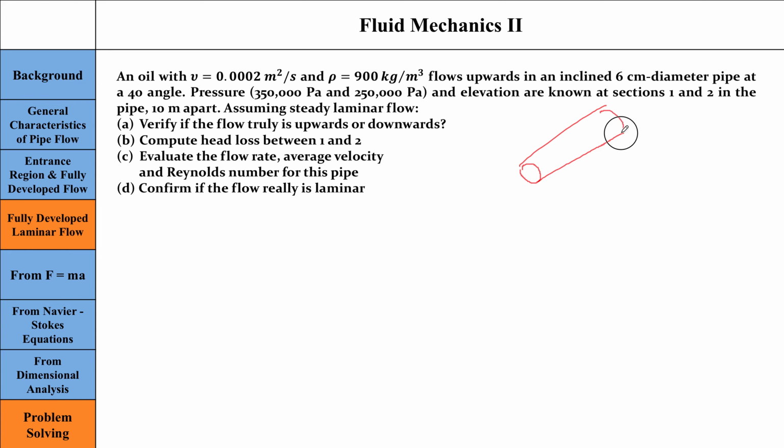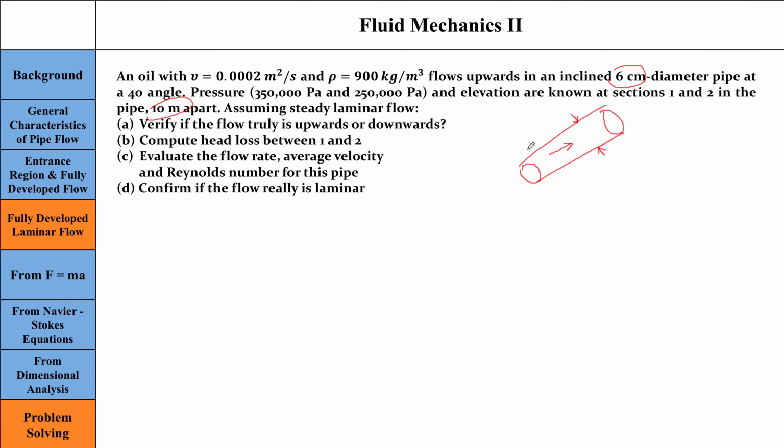So let's assume for now that this pipe is flowing with the fluid upwards in this direction, and I have the diameter given to me, which is 6 centimeters here. I don't know the length of the pipe, but it's been given to me that section 1 and section 2 are 10 meters apart.